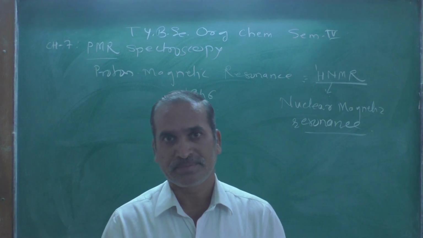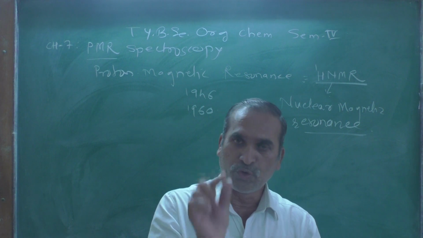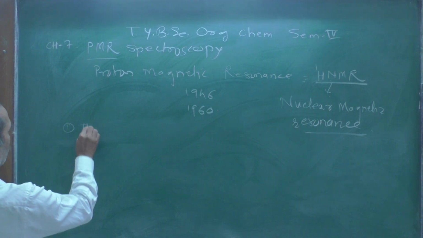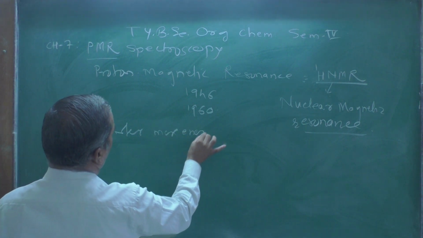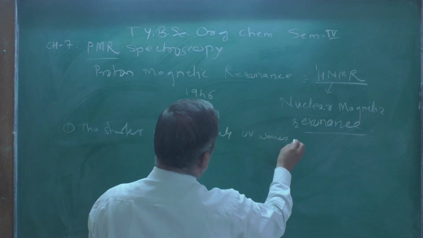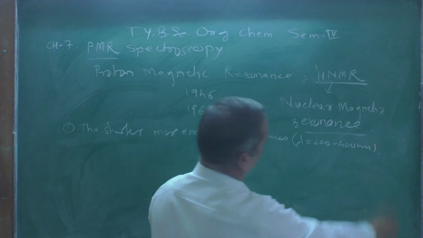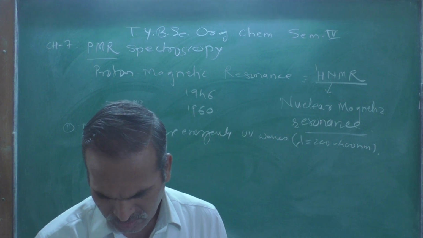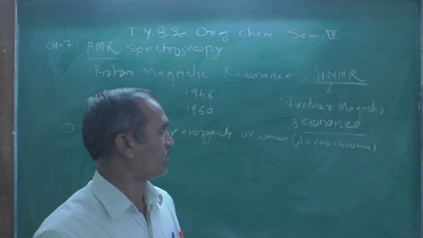The shorter, more energetic UV, here remember the first point, the shorter, more energetic UV waves, lambda equal to 200 to 400 nanometer, affect the energy level of electrons.